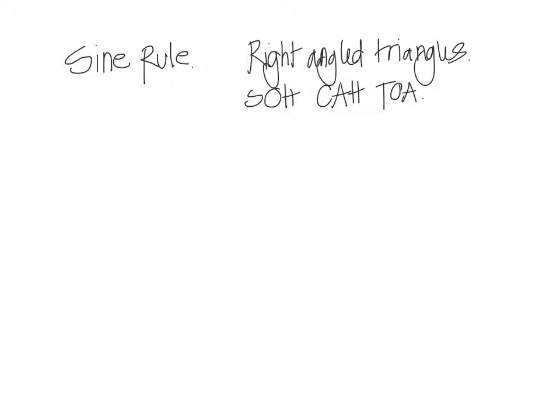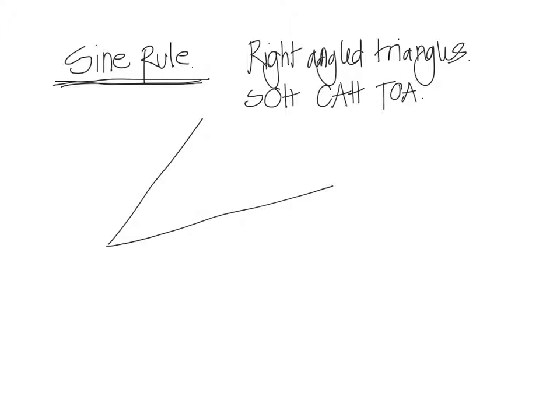Now what we want to be able to do is take that a little bit further and derive a couple of other rules that allow us to work out the sides of triangles even when they are not right angled.